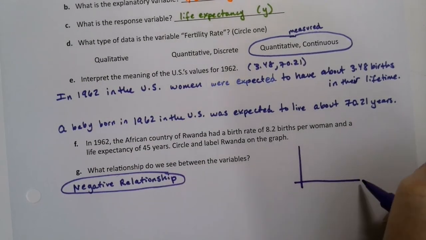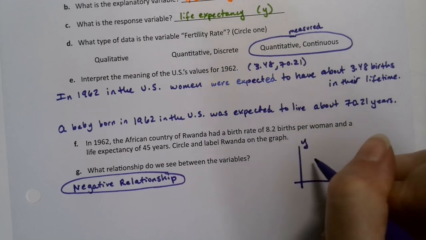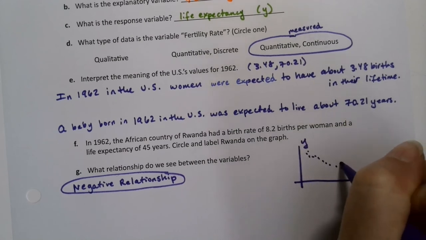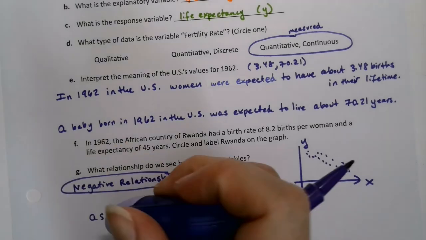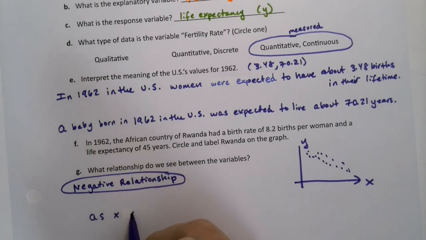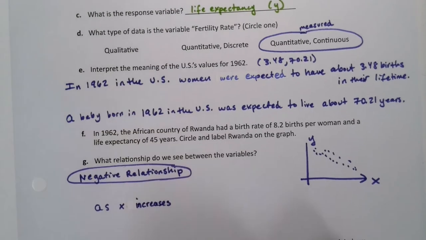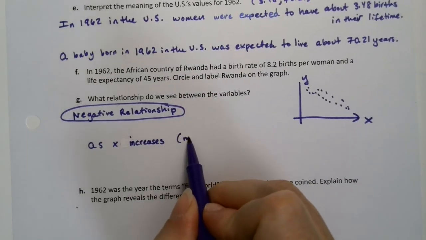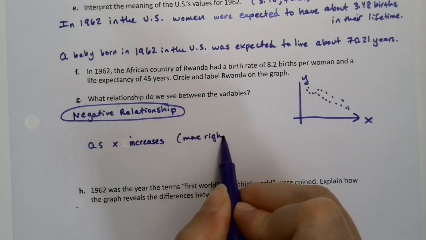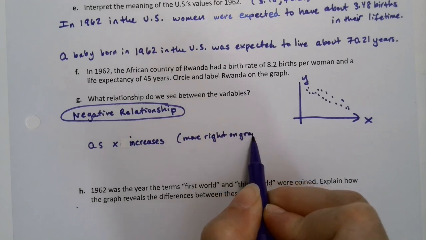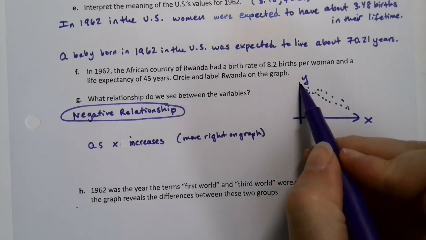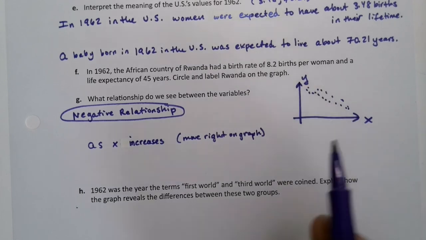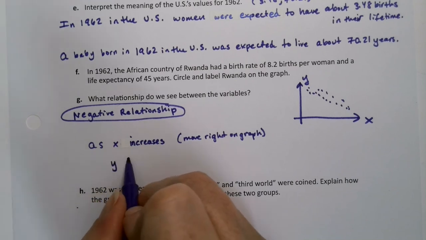So it looks like this. X here, Y here, and your dots are going this way. As X increases, which means you're moving to the right on the graph, as you do that, your Y decreases.